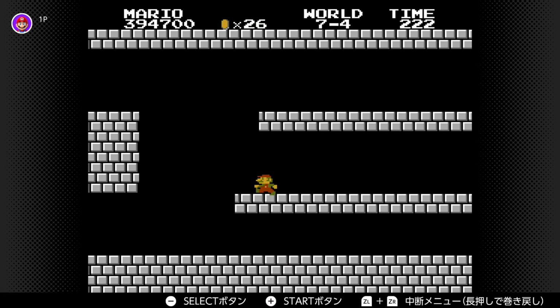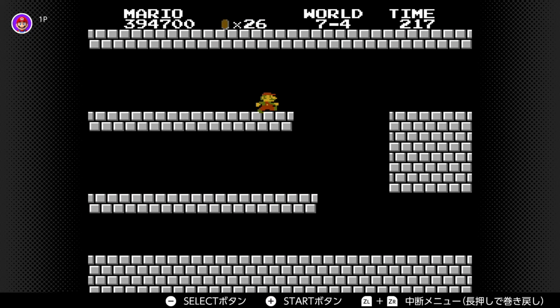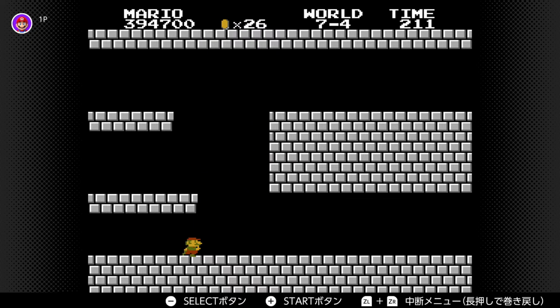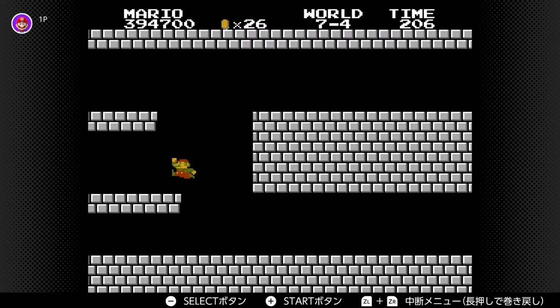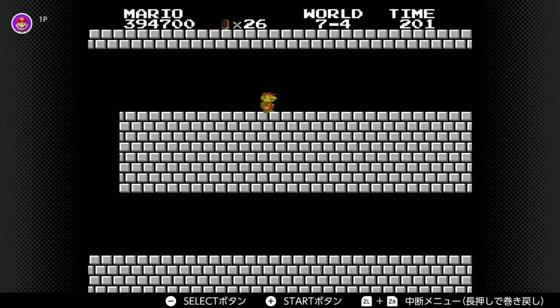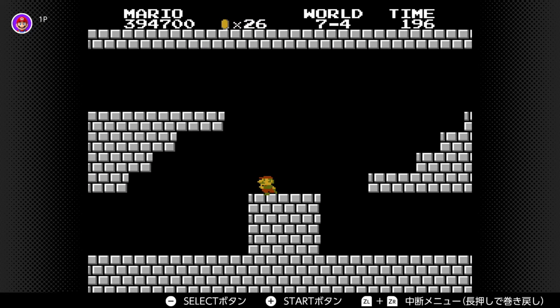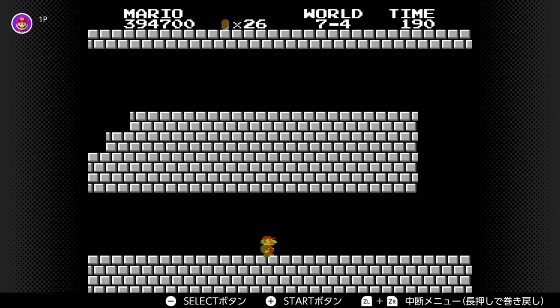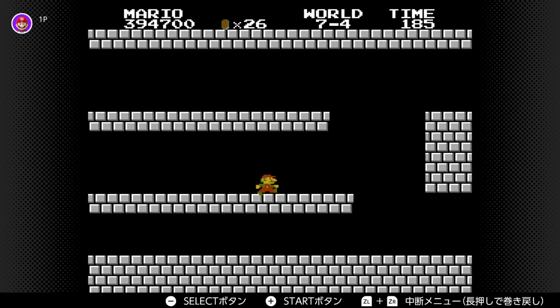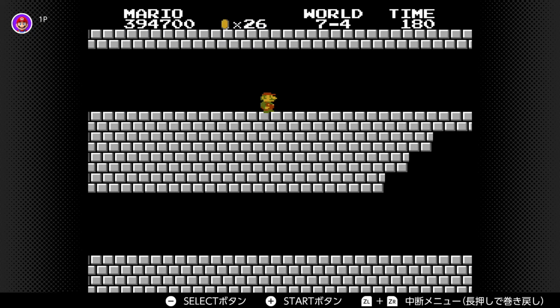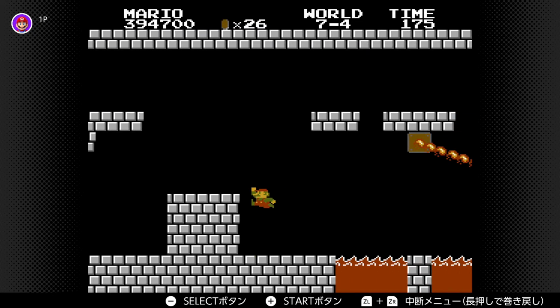Let's try bottom. This one. Top. Top. Feel like I'm missing some combinations, but let's try to do them the right way this time. Okay. So it was bottom, middle, top.